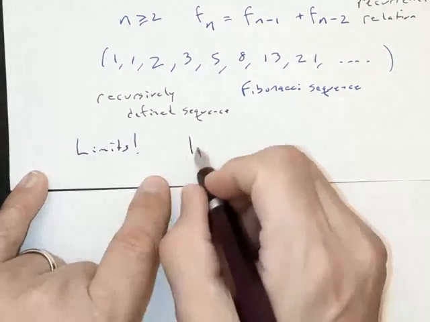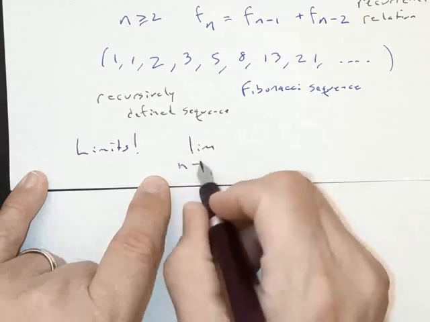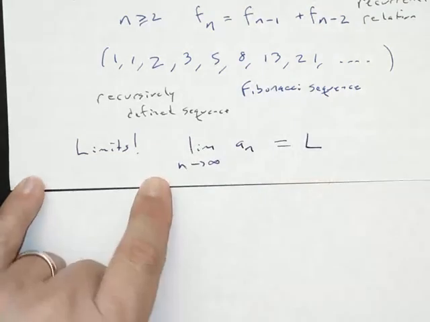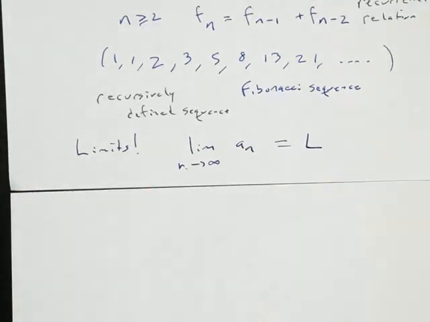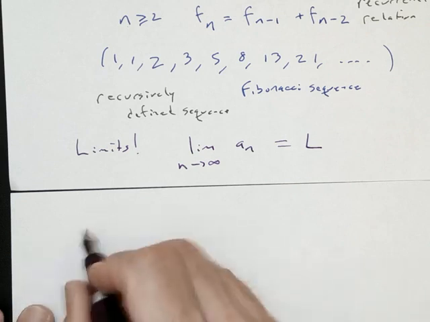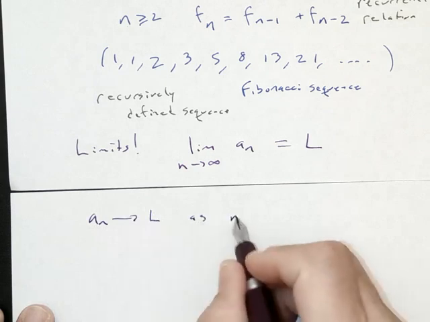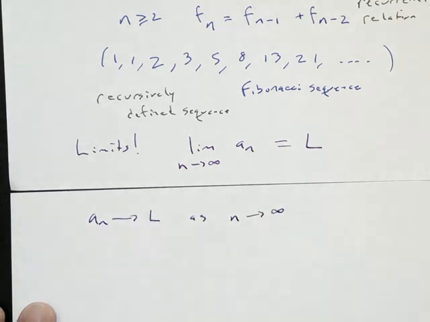I'd be saying that the limit as n goes off to infinity of my sequence will be a number. Or I could say a_n goes to L as n increases.